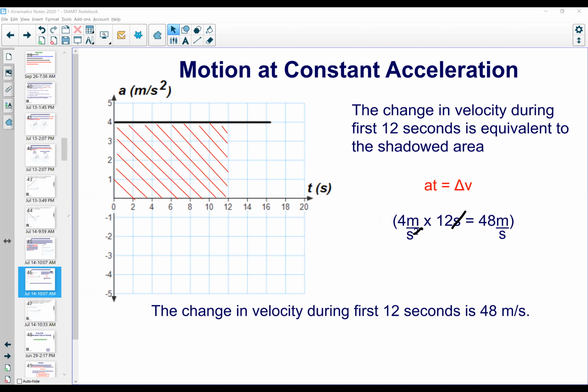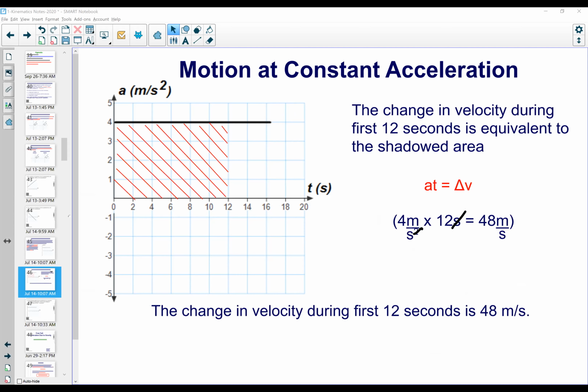Would it be during the first 12 seconds, the velocity changed by 48 meters per second? Yeah, exactly. So does it tell me what the velocity is at this point in time? Not necessarily, right? It depends.